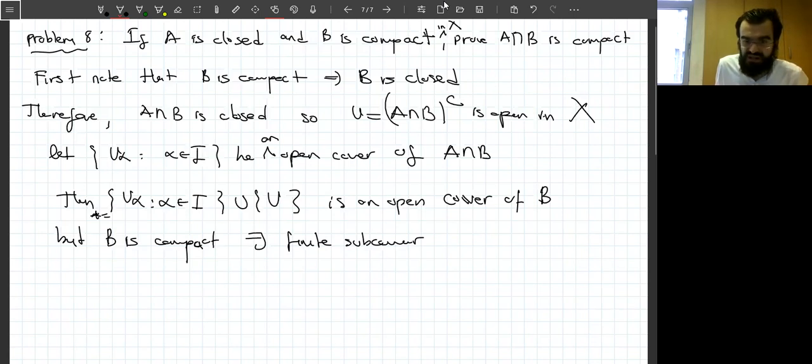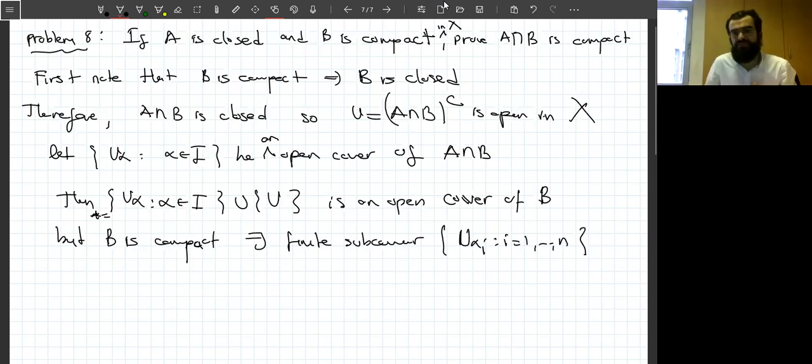The finite subcover may contain U or not. If A intersection B is B, then of course it's compact.